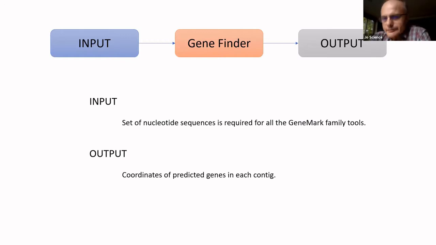And in the ideal case, this is all that the user should know. The user has an input, runs it through a gene finder and gets the output. Input is a nucleotide sequence, and output is the coordinates of genes detected inside this sequence.